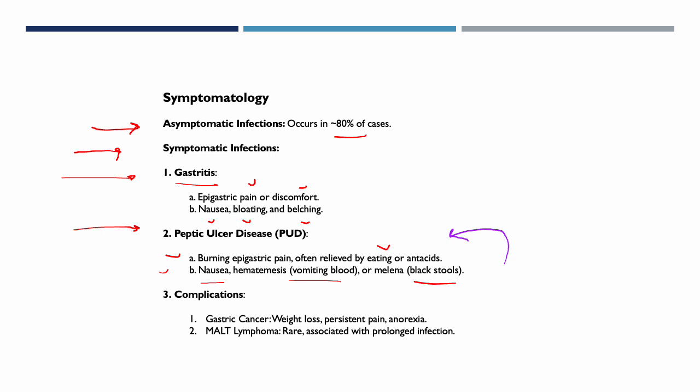Now, you may again wonder, but how does adding more acid help relieve it? Well, what's important here is that when we say buffering the acidity, after we eat, we don't mean adding more acid.